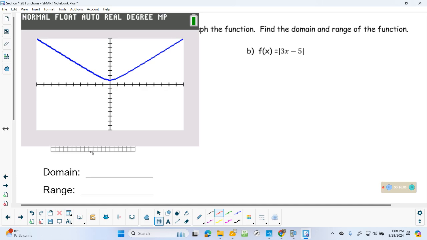Domain, how far left to right? All real numbers. You can write the words all real numbers, use the symbol. I use the symbol a lot. Or negative infinity to infinity if you like that. Okay, range. What's the lowest to the highest? What's the lowest? 1 to infinity.